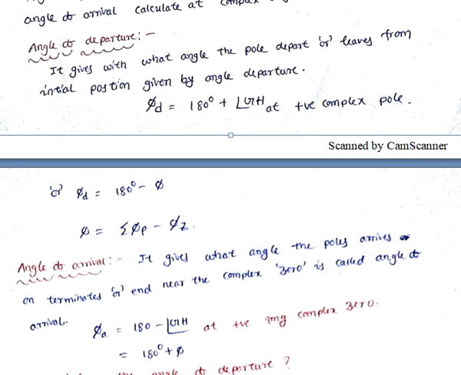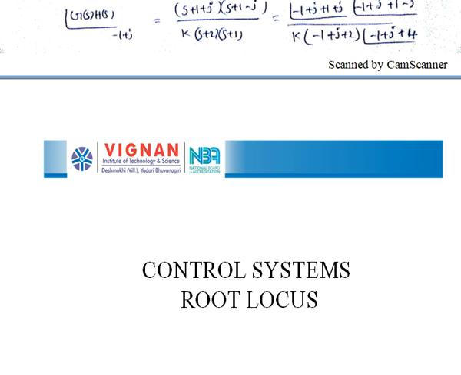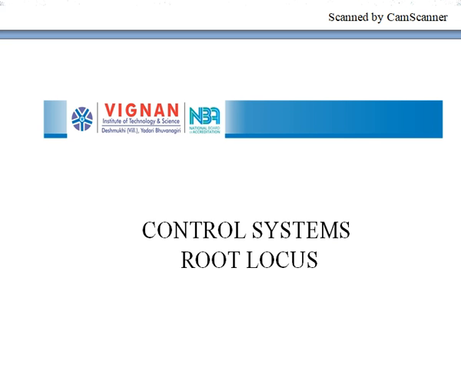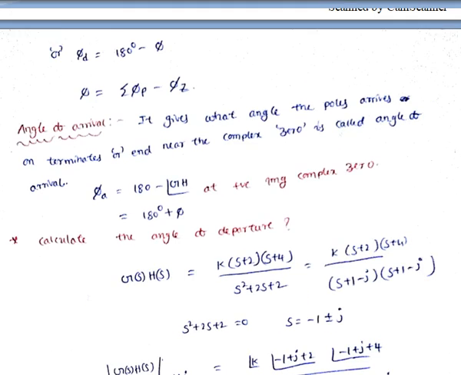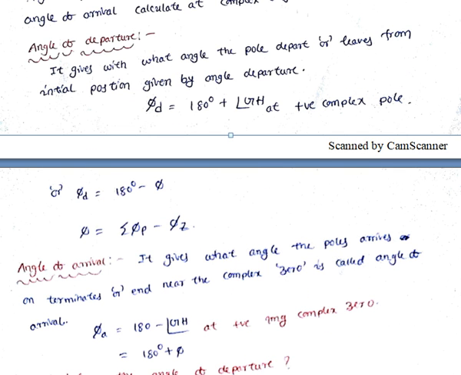Next one is angle of arrival. Angle of arrival exists when complex zeros are there. It gives the angle at which the locus arrives at or terminates near the complex zero.